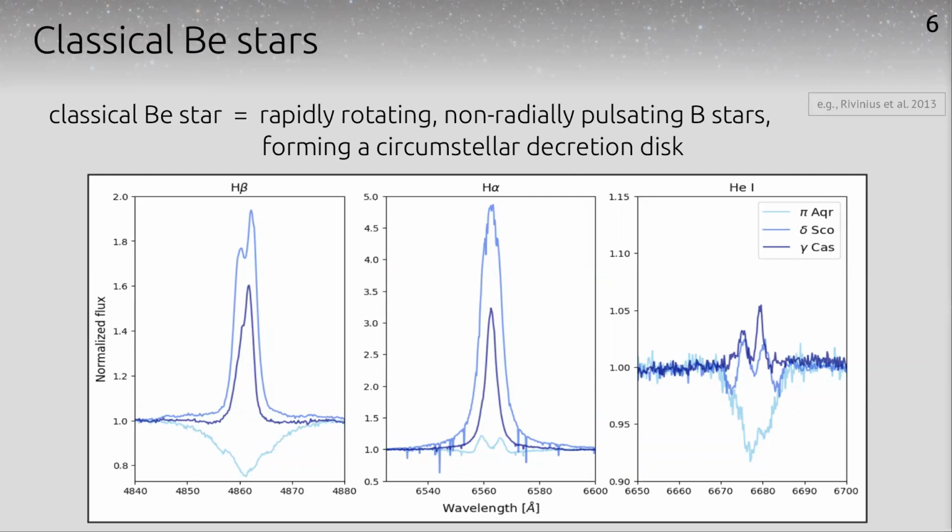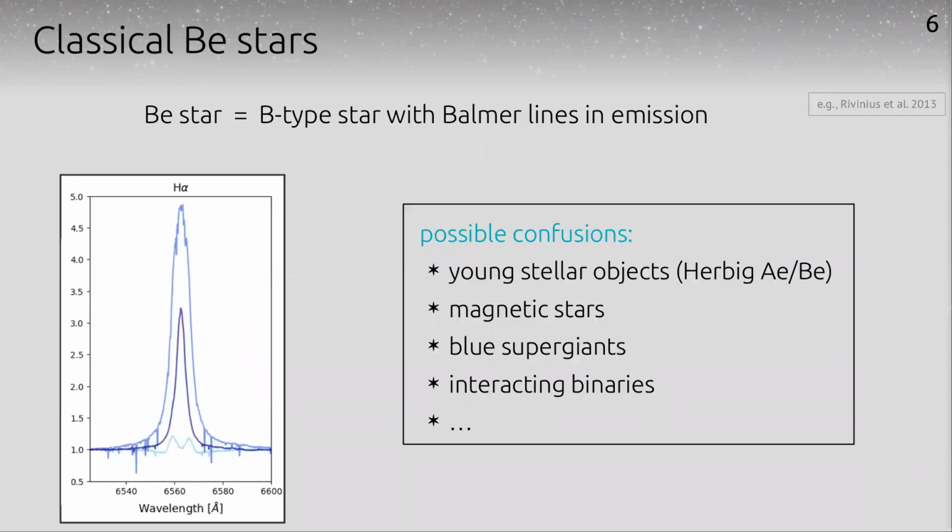Just 3 famous Be stars, and I'm just showing 3 spectral lines, so the H beta line, the H alpha line, and the helium-1 line, which shows this very characteristic emission. I just want to stress one thing, which is I'm an observer, so from an observational side, there's a very strong difference between a classical Be star, which has this physical interpretation that I've just mentioned, and the observations, which can only mostly tell us whether something is classified as a Be star, so a B-type star that has emission. And there are a lot of possible confusions with other objects.